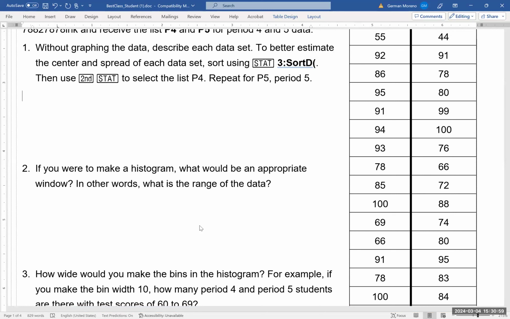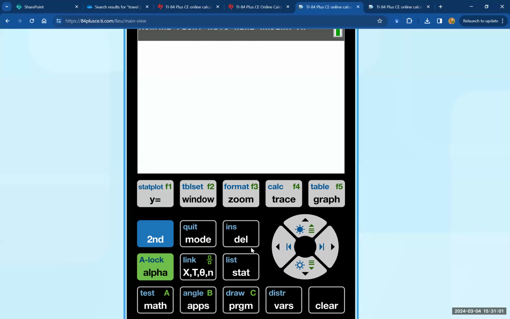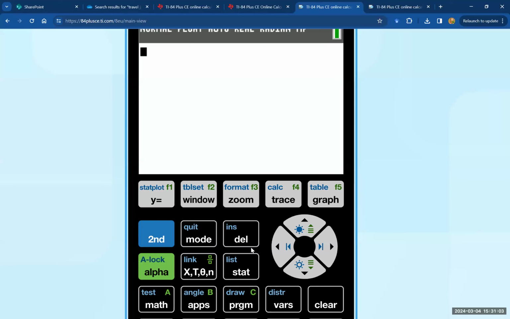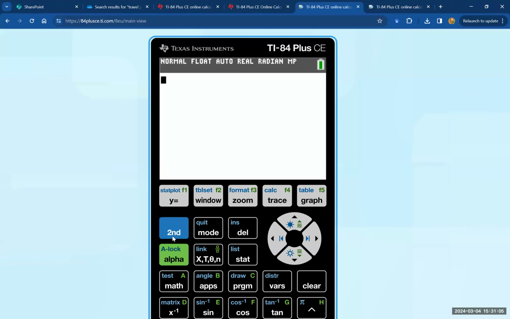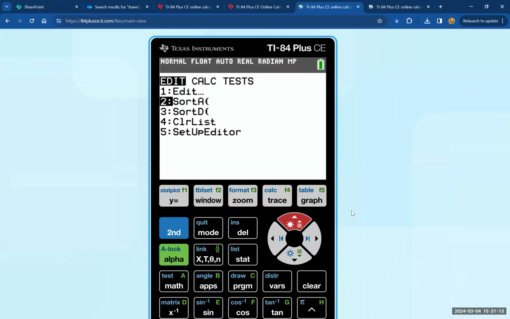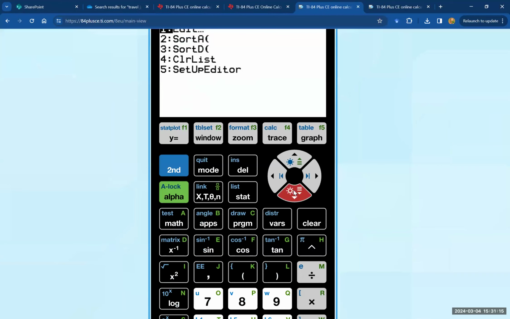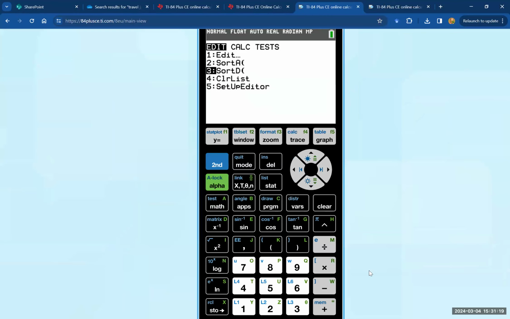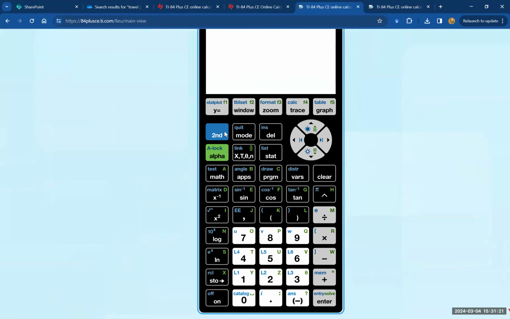So I'm going to go to the home screen, and I'm going to go to stat, and I'm going to sort. And I want to sort L1.